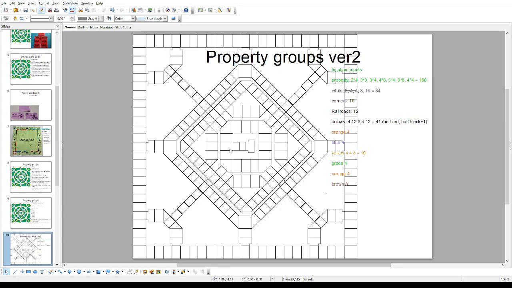And I decided I wanted to have all of the start spaces in the same alignment. So while these are not corner spaces, they are start spaces, or equivalents of Go in that ring.